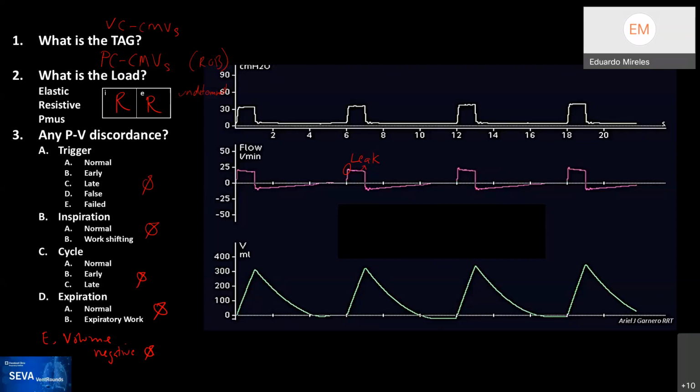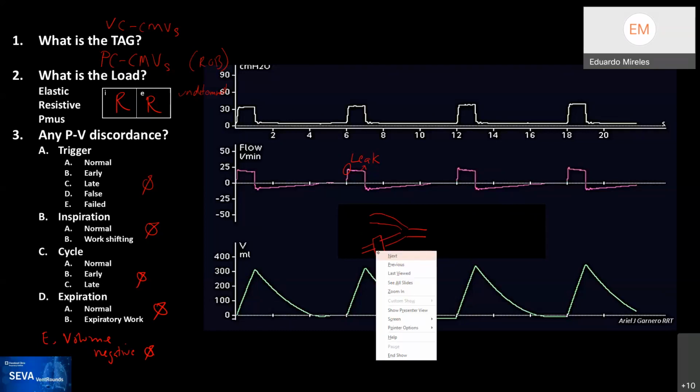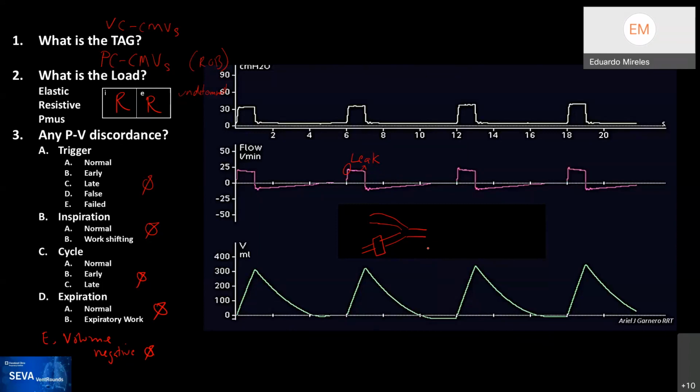Ariel said that the HME was placed before the inspiratory limb of the Y. So you would have the ET tube, you would have here the HME, this is inspiration, and then the patient would exhale through here. But that doesn't make much sense to me. Still, the tidal volume should be smaller.